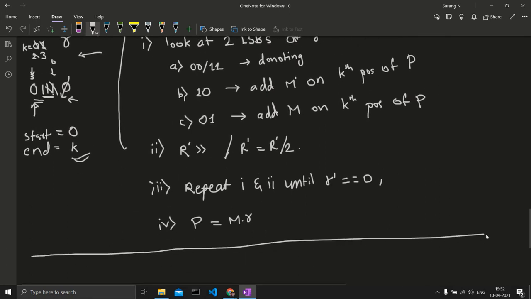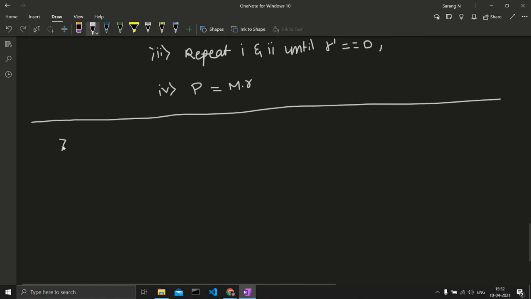If we see it in an example, let's take an example of 7 times 3. So we know that 7 in binary is 0 1 1 1, and 3 in binary is 0 0 1 1. Now, actually, it doesn't matter which one of these we take as m and which one we take as r, because multiplication is commutative.